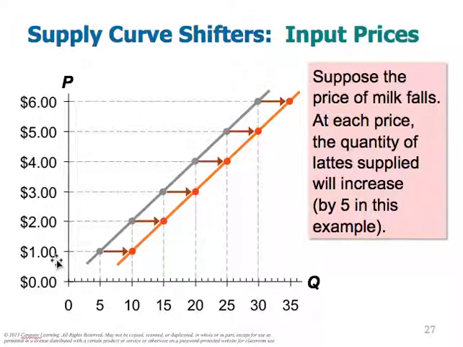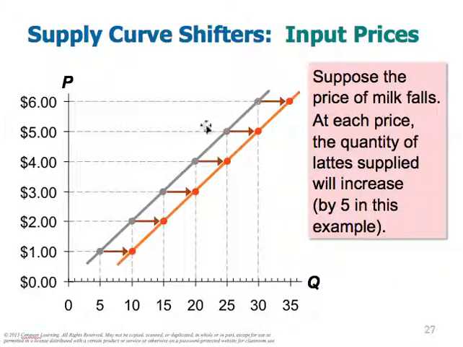Suppose the price of milk falls. If the price of milk falls, then at each price, the quantity of lattes supplied will increase. In this particular case, the quantity of lattes is increasing by 5 here. Suppose that initially the supply curve was given by this gray curve.